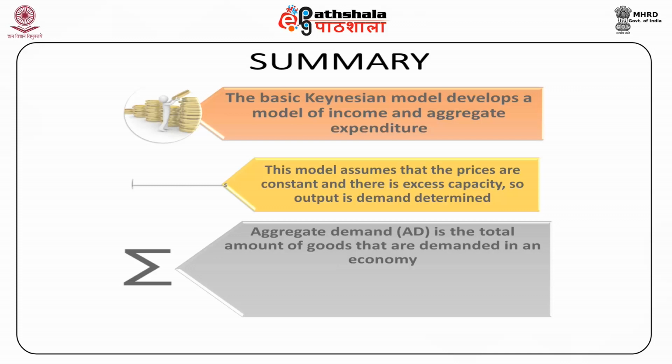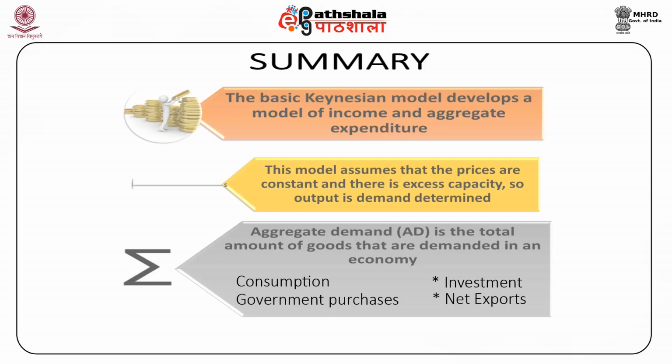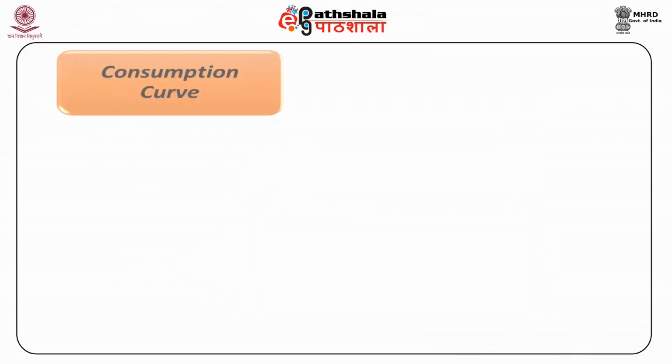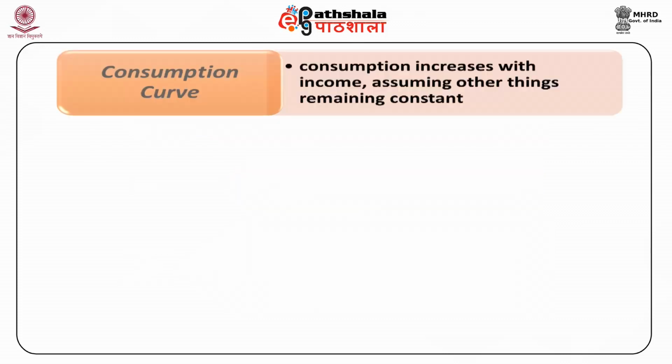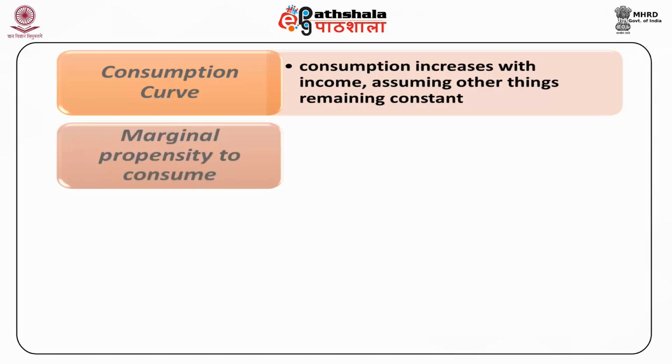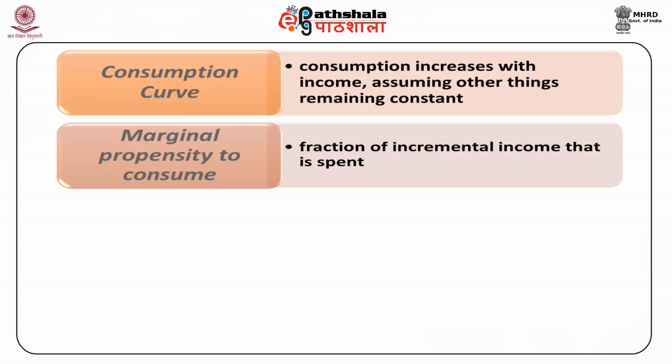There are four components of aggregate demand: consumption C, investment I, government purchases G, and net exports NX. The consumption curve shows that consumption increases with income, assuming other things remaining constant. The marginal propensity to consume MPC is the fraction of incremental income that is spent.